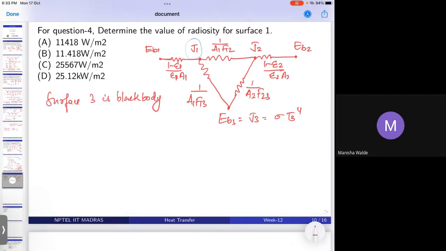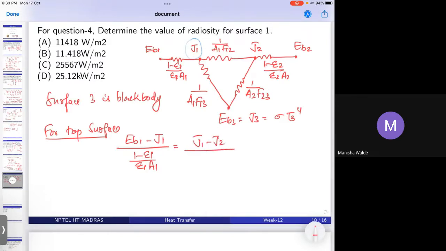For the top surface, we have EB1 minus J1 divided by (1 minus epsilon 1) by epsilon 1 A1, which should be equal to J1 minus J2 divided by 1 by A1 F12, plus J1 minus J3 divided by 1 by A1 F13.